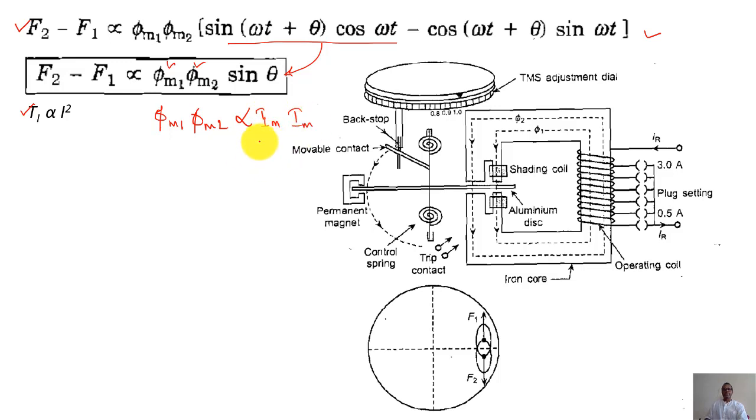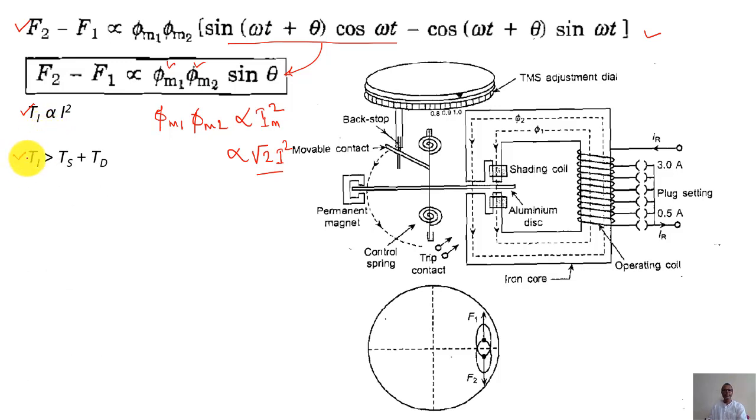Okay, so it is Im square, which is directly proportional to root 2 I square. I is the RMS value of the current, that is the current flowing through the relay coil. So I can write Ti is directly proportional to I square.